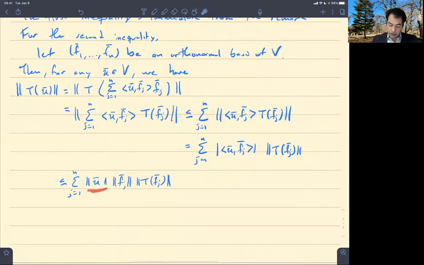The size of U, well, that's a common factor. I could pull that out. So this is equal to the norm of U times the sum j goes from 1 to n of the size of T of fj.